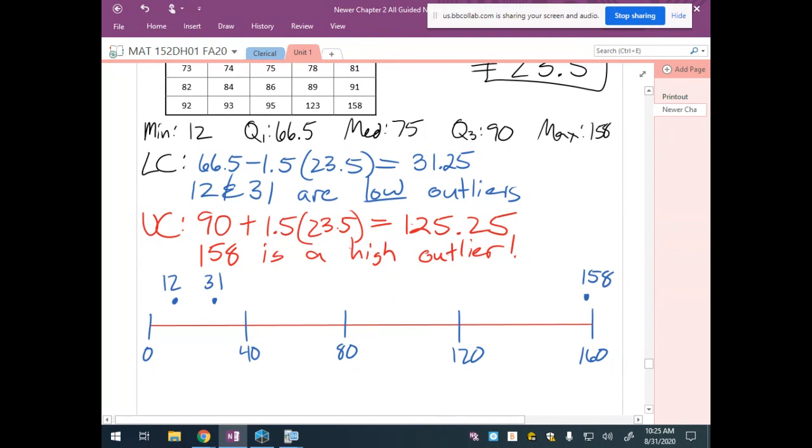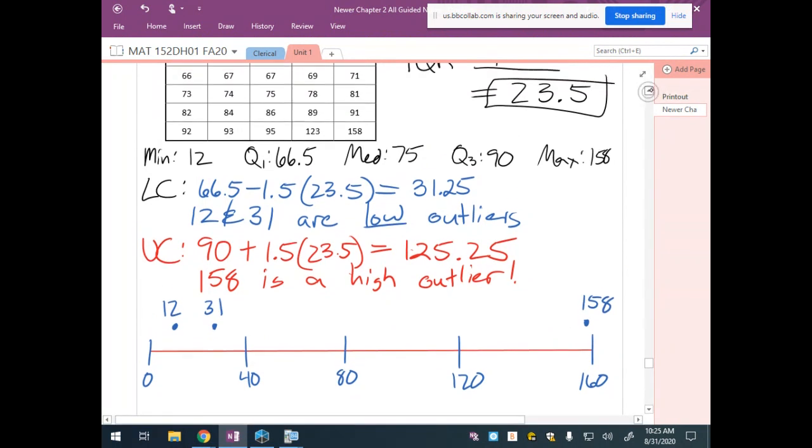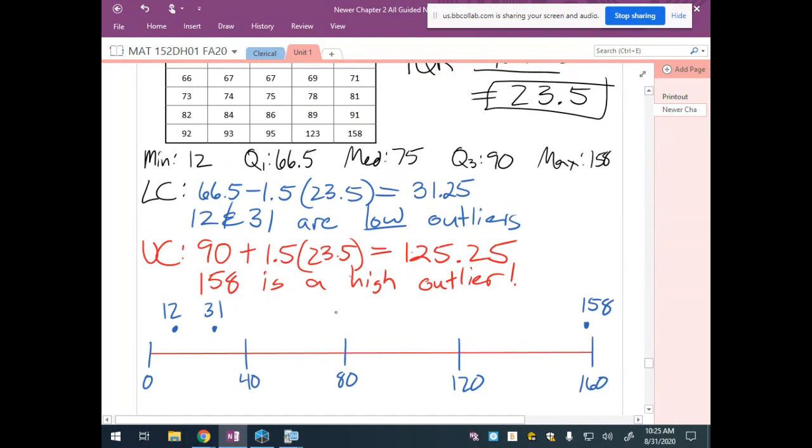Now, our median is 75. Our first quartile is 66.5. And our third quartile is 90. So there's our box.